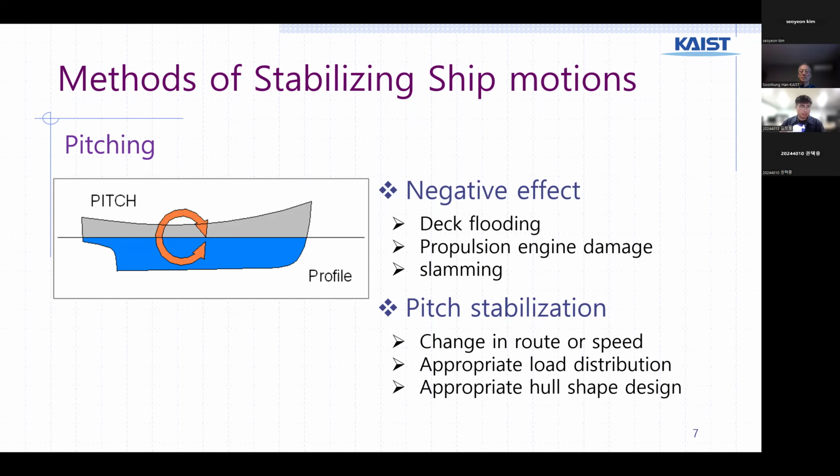Slamming means when the ship's bow is lifted by a wave or sea and drops back down, it hits the water hard. The best way to stabilize pitching is changing the ship's course or speed.